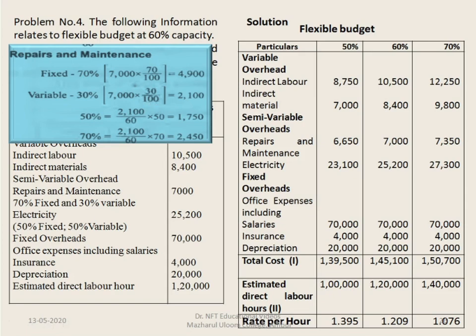The 2,100 is the variable cost for 60% capacity. Now how will we find it out for 50% capacity? 2,100 divided by 60 into 50 is 1,750, and 2,100 divided by 60 into 70 gives you 2,450.